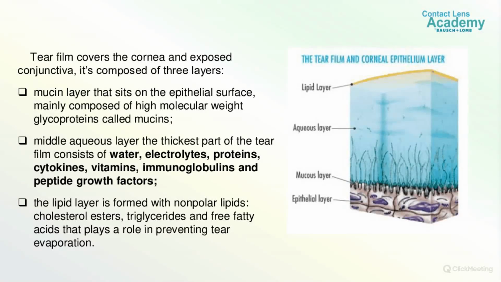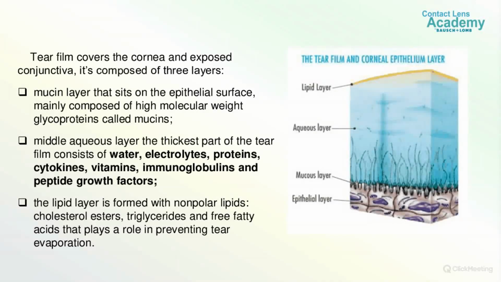As you see on the right in the picture, the first is the mucin layer that sits on the epithelial surface, mainly composed of high molecular weight glycoproteins called mucins.